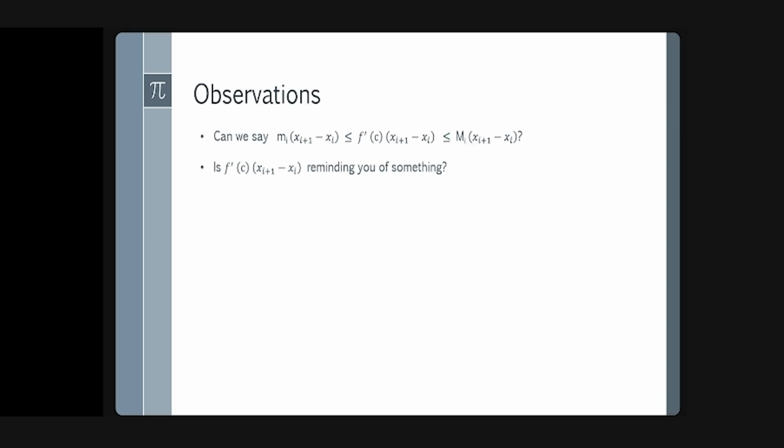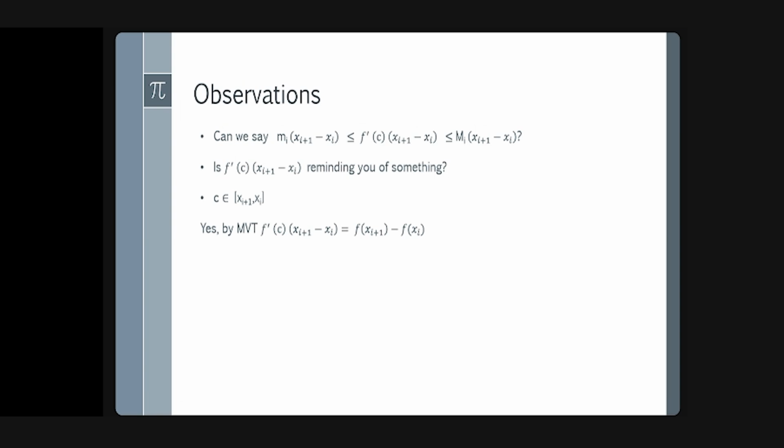Essentially, yes, we have something related to it. When F is differentiable, then we can say something about F dash c times (x(i+1) minus xi), where our domain is [xi, x(i+1)] and c belongs to the ith subinterval. Yes, actually, by the mean value theorem, we can say F dash c times (x(i+1) minus xi) is equal to F(x(i+1)) minus F(xi).